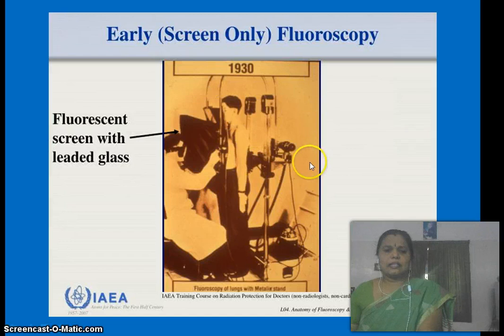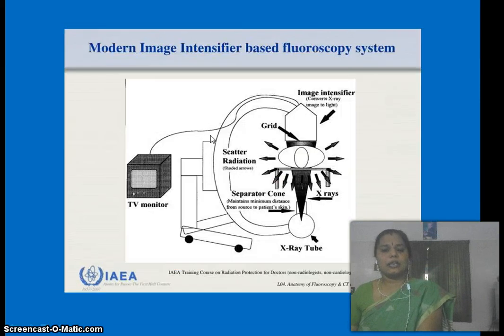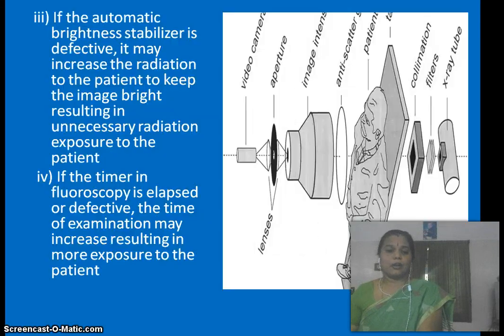So this is an example of early fluoroscopy, where there is no shielding, where the technician is wearing only lead glass, and the patient is evaluated with the help of the fluoroscopic screen to record the images. And this is the modern image intensifier fluoroscopic system, where real-time images are being recorded.